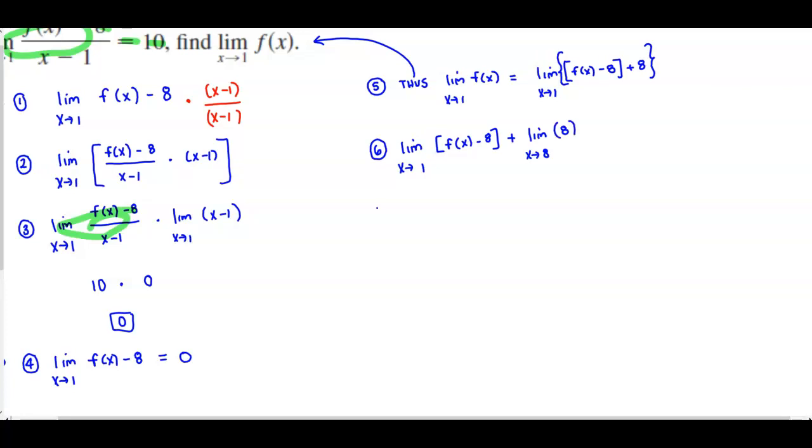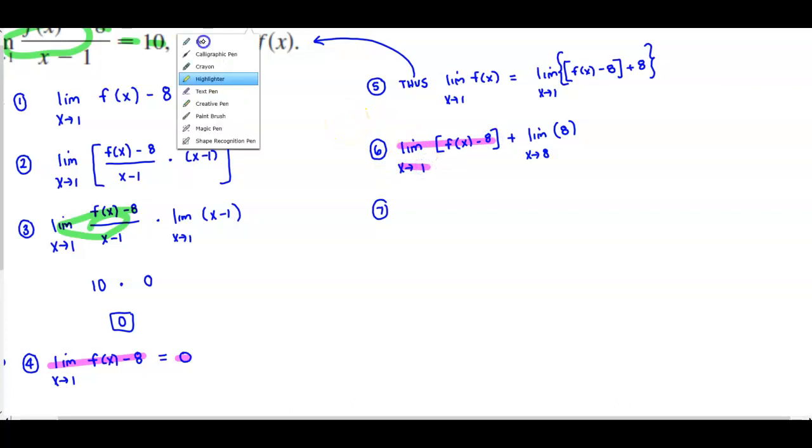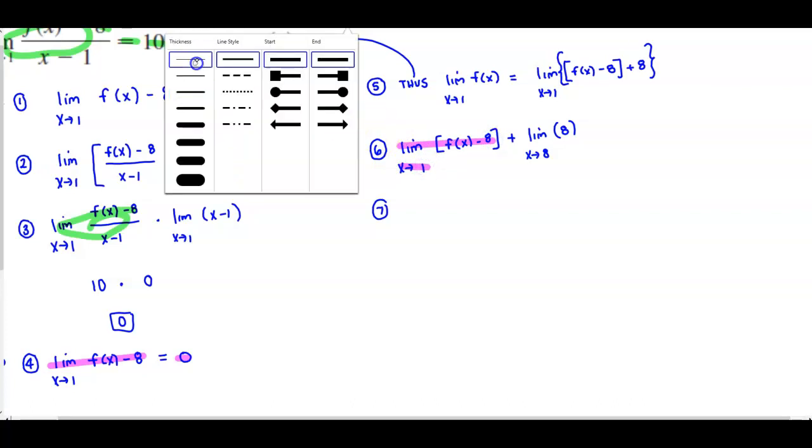So from step number 4, we know that the limit of f of x minus 8 as x approaches 1 is 0. So we can replace this entire limit with the 0.